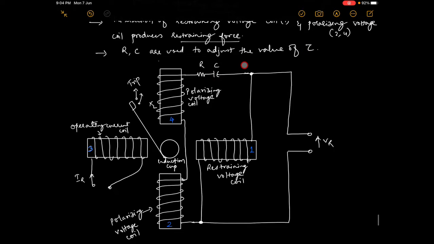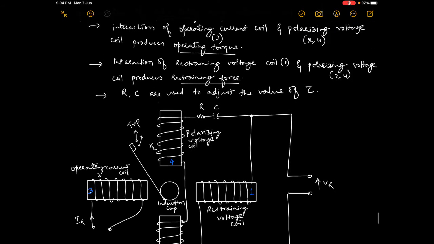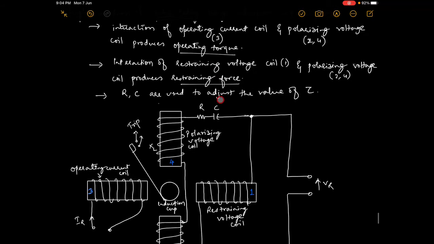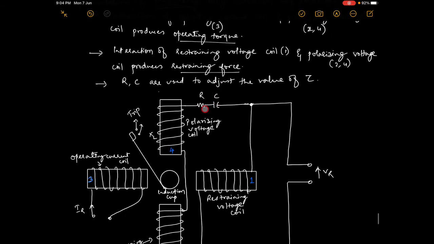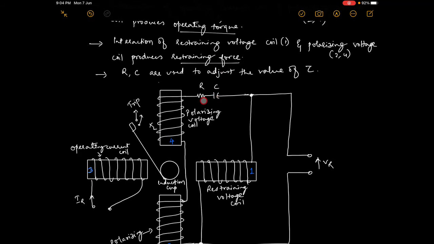Tau is the operating angle. So you can adjust either R or C, whichever is variable, so that the current changes here.